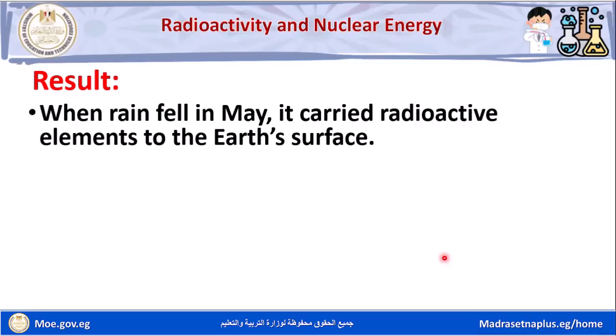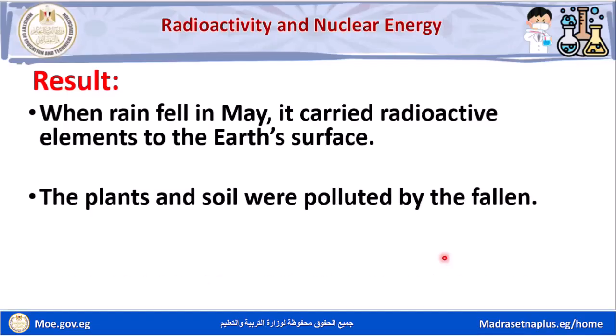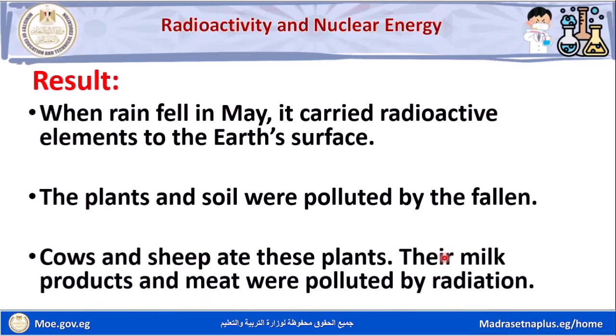As a result, when rain fell in May, it carried radioactive elements to the Earth's surface.